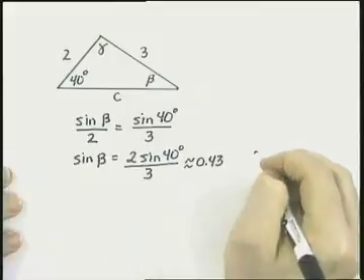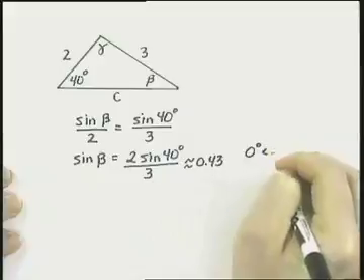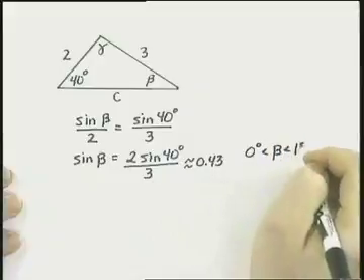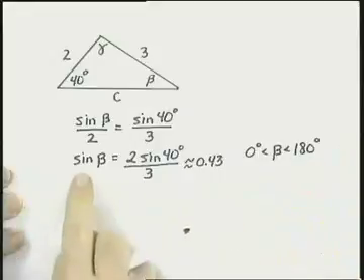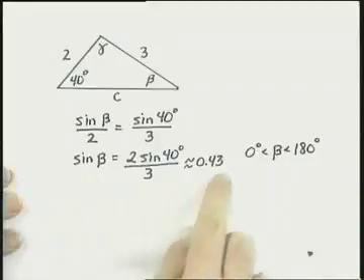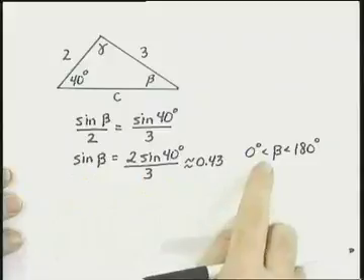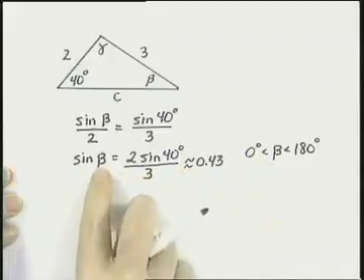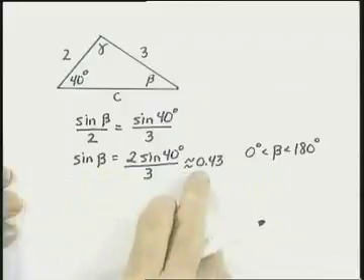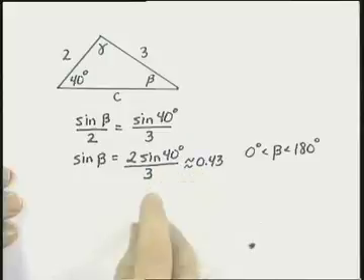Remember that the angle beta can be any angle between 0 and 180 degrees. Therefore, because the sine function is positive in both the first and second quadrants, there are going to be two angles whose sine is 0.43. The calculator will give us one of the angles when we compute the inverse sine.